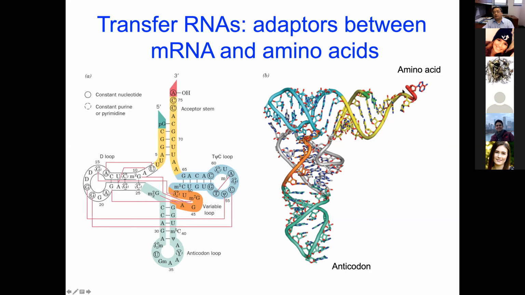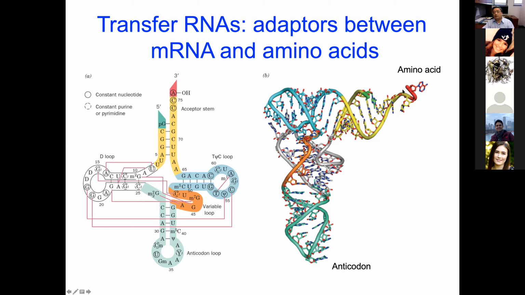This is the last nucleotide, the A of the CCA. The amino acid forms an ester bond with the 3' hydroxyl group of this last nucleotide, the adenylate.